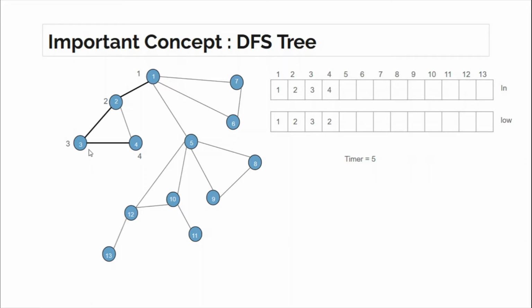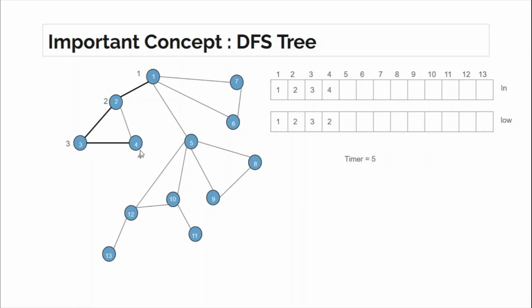After checking whether it is an articulation point or not, it would minimize its low time as well using the low time of this node. Why? Because this node is the child of node 3. If this node can reach some other ancestor, then node 3 can also reach that ancestor. Since node 4 can reach some ancestor which was discovered before node 3, it must have a path from node 4 to that ancestor, right?